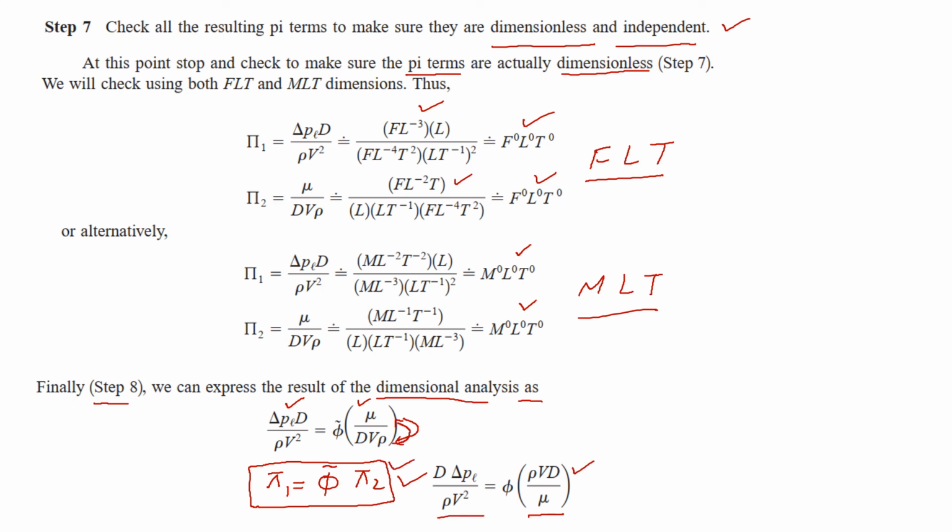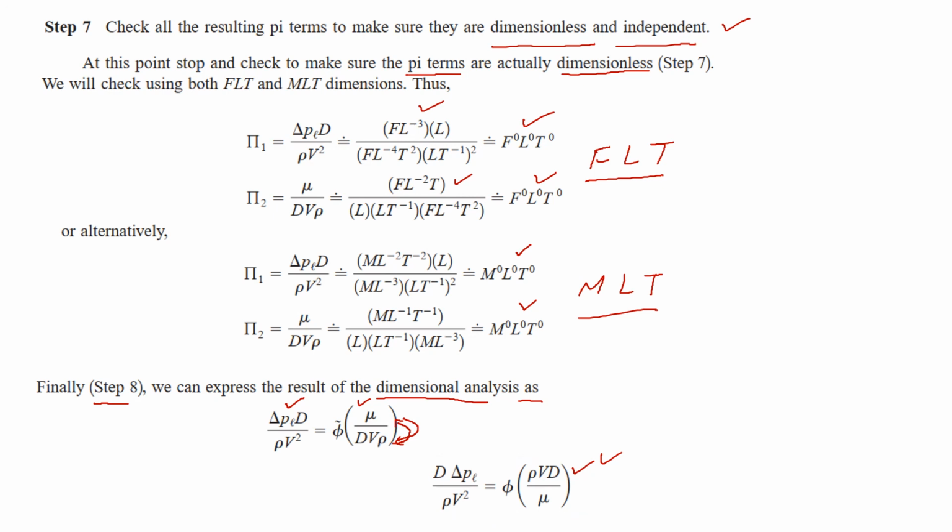It does not make any difference. The result will be the same. The result will come out to be dimensionless. So this is just another way of representing things. It will still be dimensionless. So this is what our final result will be, and this is how we get our pi terms and then equate them in the form of an equation, that is pi 1 is equal to pi 2.